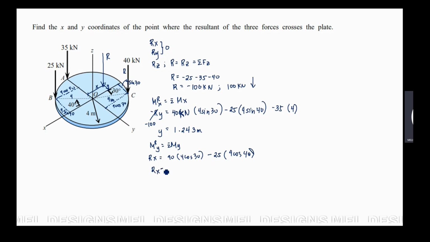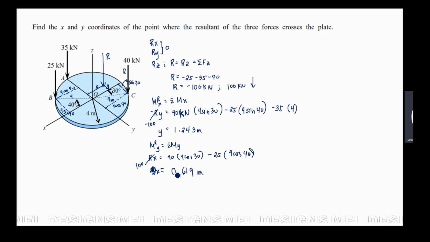Therefore, R, meron na pala yung value ng R. R is equal to 100 kilonewton. Therefore, x is equal to 4 cosine of 40 over R. Therefore, it is equal to 0.619 meters.